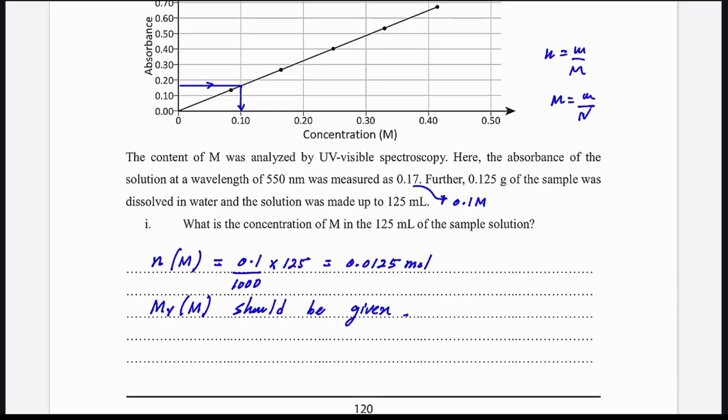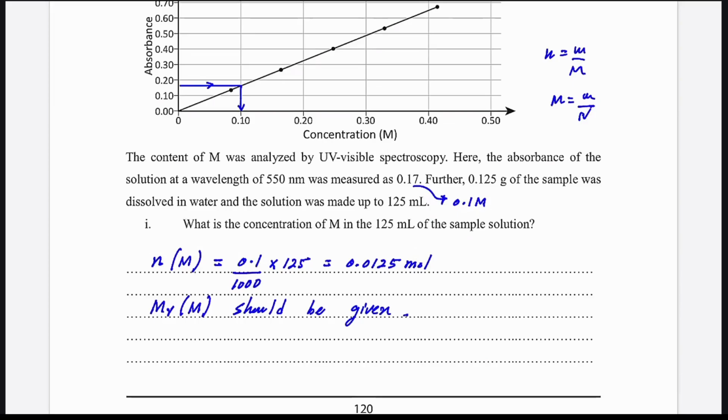You see it says 0.125 grams of the sample is dissolved in water. Isn't that the mass of the sample taken? So now I'm talking about molar mass. The next question is asking for the percentage of the mass of M in the sample.